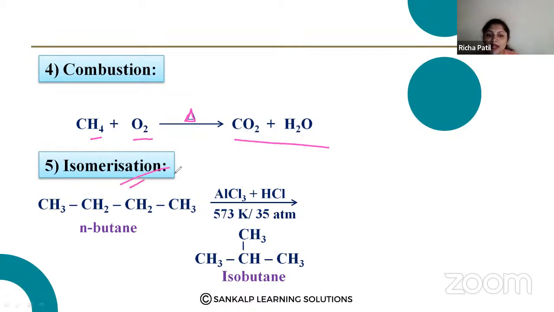Then next is isomerization. What do you mean by isomerization? The chemical formula remains the same, only there is a change in the structural formula. Here you have taken n-butane, and it is treated with AlCl3, aluminum trichloride, plus HCl at a temperature of 573 Kelvin and 35 atmospheres. It gives you isobutane, a branched compound.